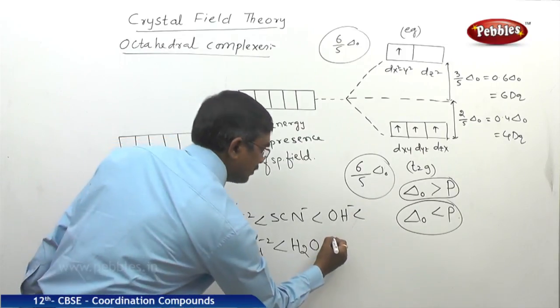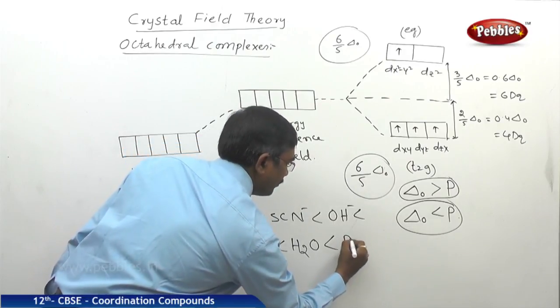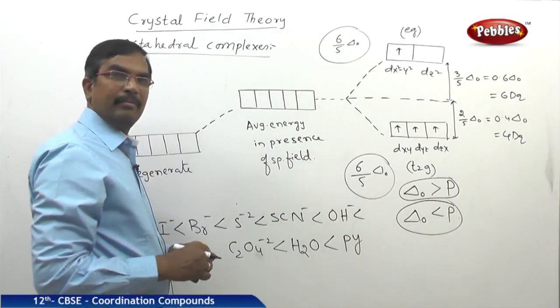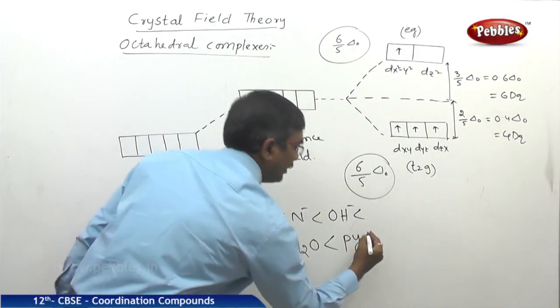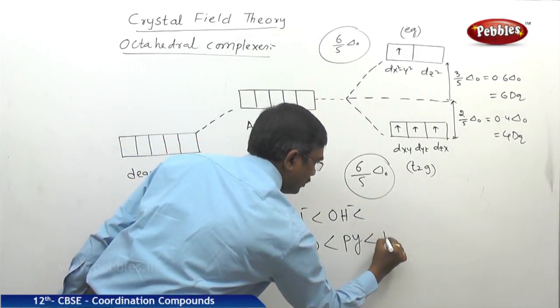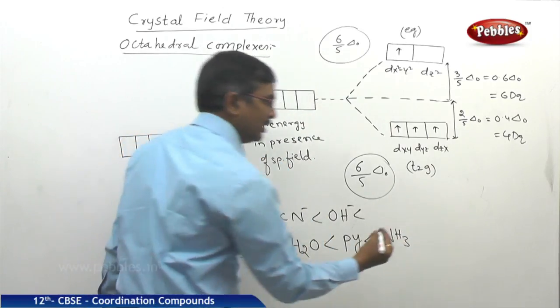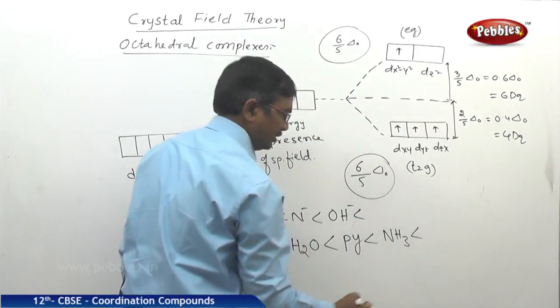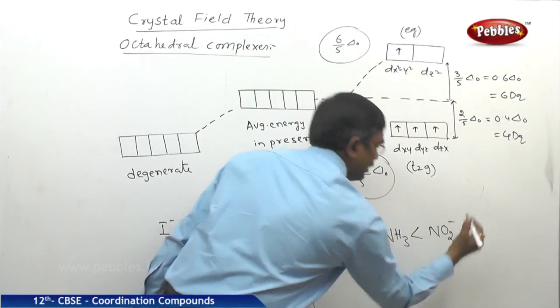This will show a smaller field when compared with pyridine. This will show a smaller field when compared with ammonia. This will show a smaller field when compared with NO2 minus.